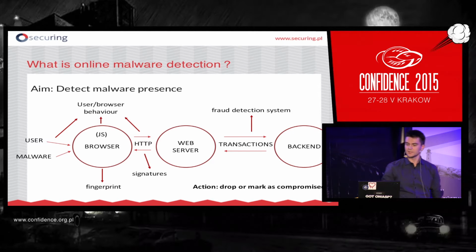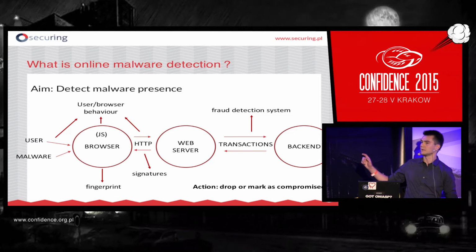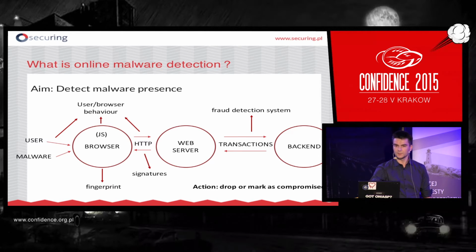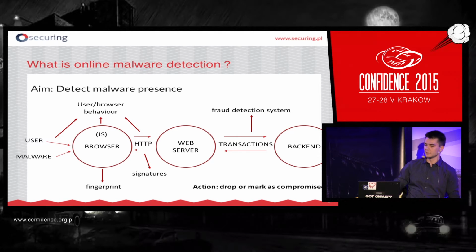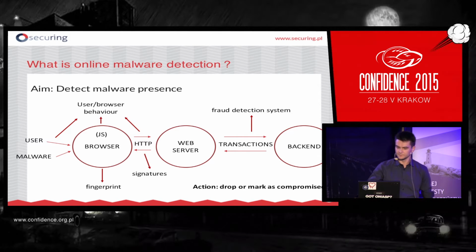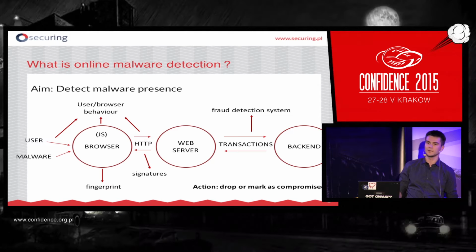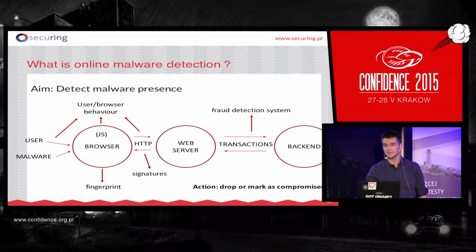The malware detection mechanism can catch signatures of the HTTP response from the server to the browser. It can fingerprint the JavaScript and the DOM in the browser. Of course, it can fingerprint user and browser behavior. I mean the speed of clicking, the speed of typing letters, and mouse movement. That's how Google reCAPTCHA now works.